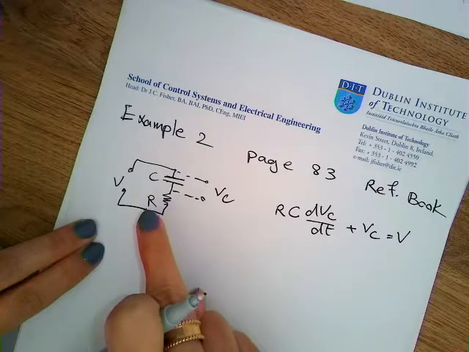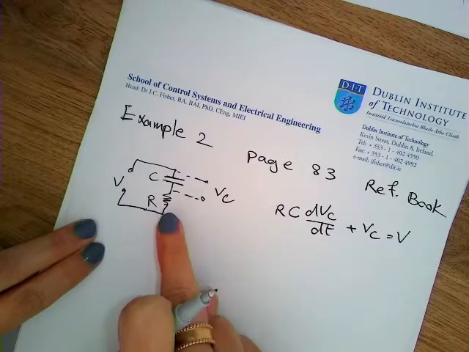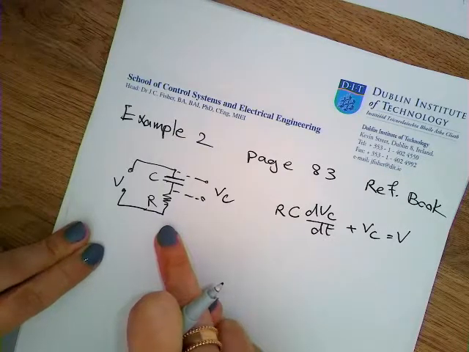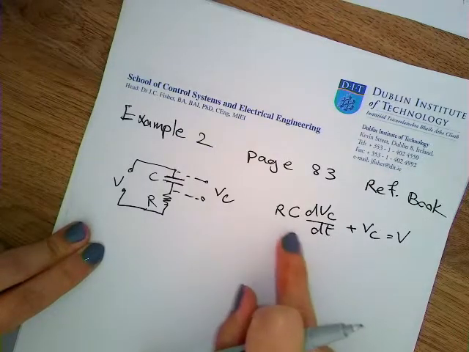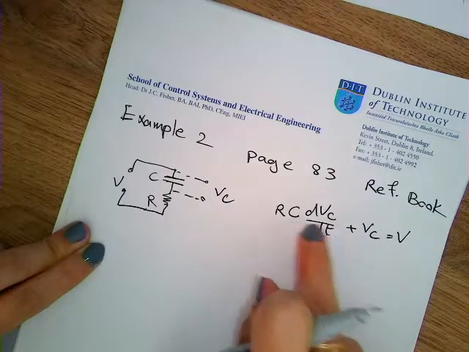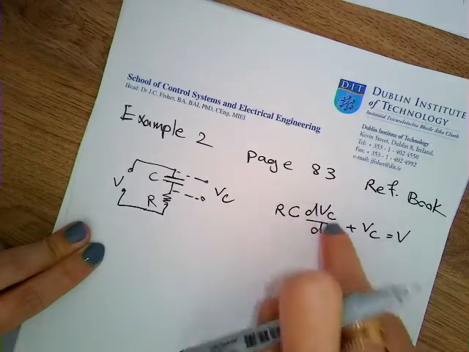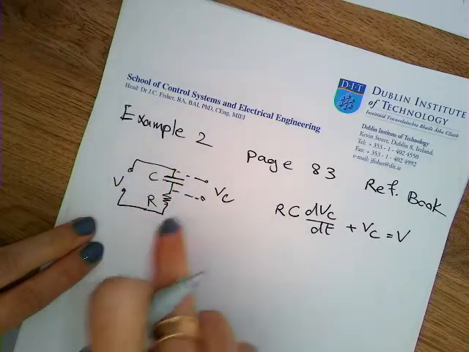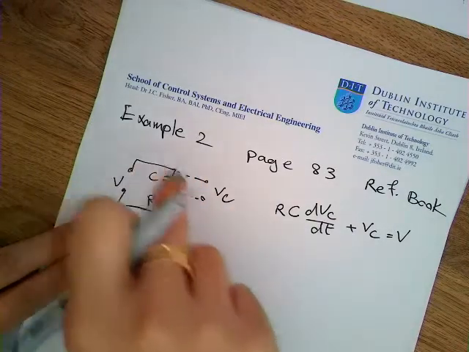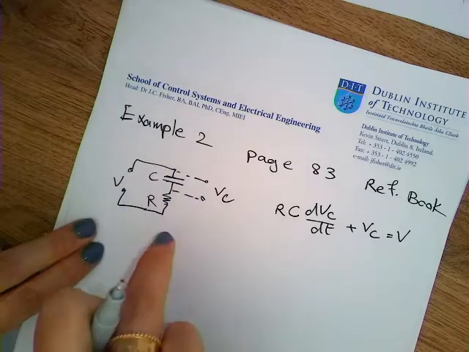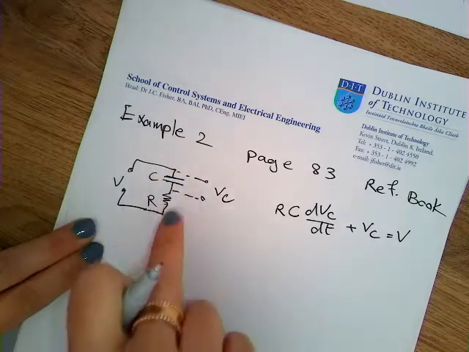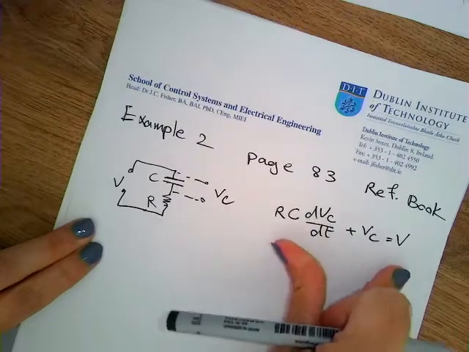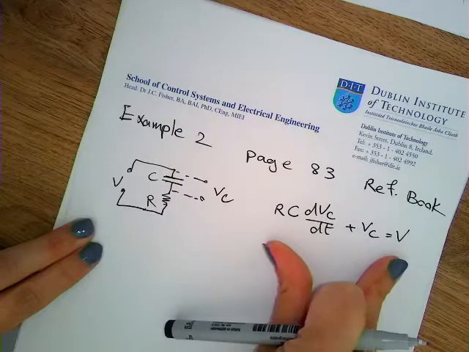Then we keep the R and replace the current I with the formula you have here: C times dVC over dt, because that current is the same current that flows through the capacitor. The same current is flowing through them all, so you can replace that I with IC, and that gives the formula. And then you get to this differential equation that you have here.